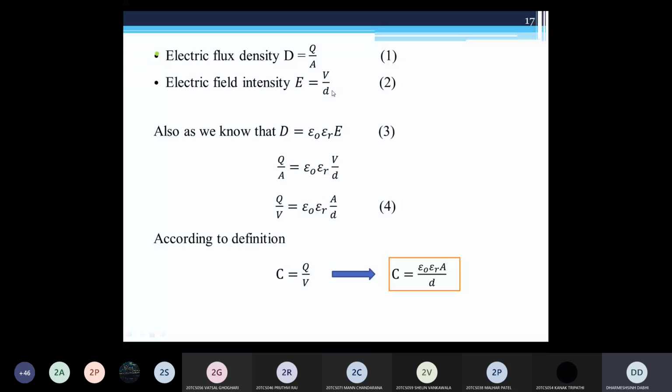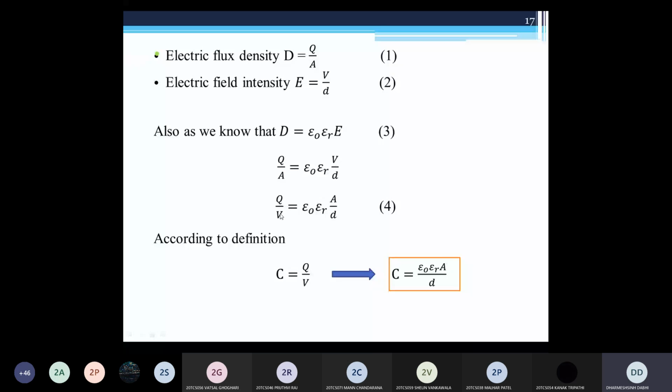So it is V by D. As we know the relationship between electric field intensity and electric flux density, D is equal to epsilon 0 epsilon R into E. So from this equation, replace D by Q by A, and replace E by V by D, so it is epsilon 0 epsilon R V by D.